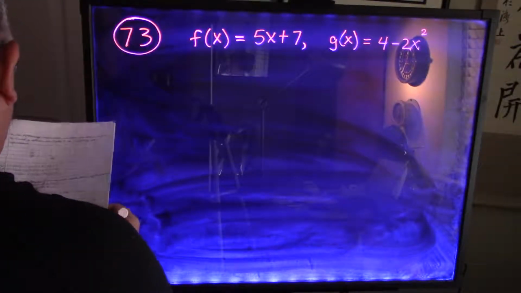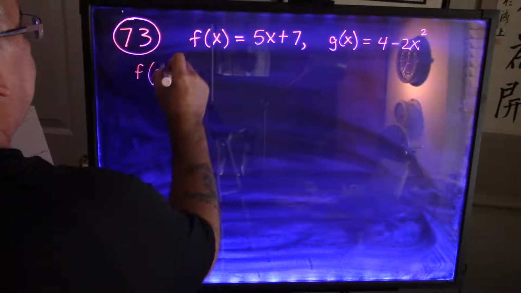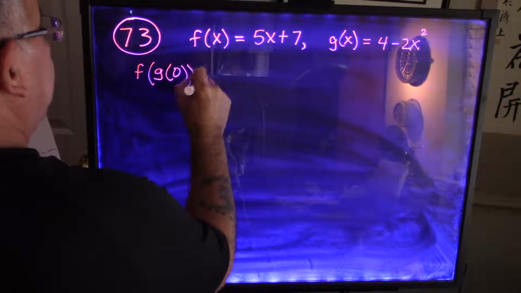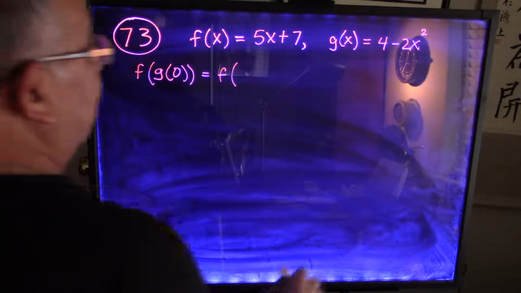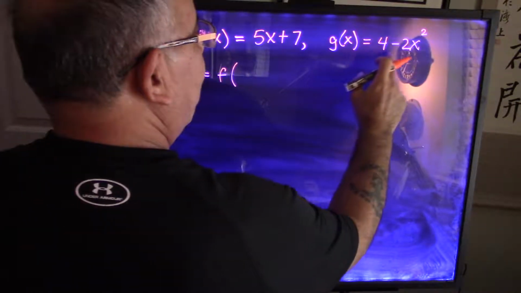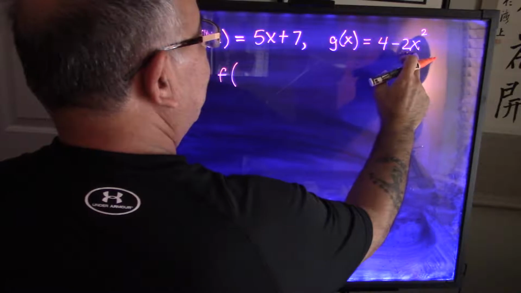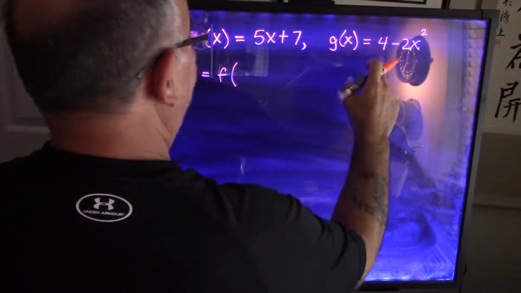So we want f of g of 0 first. Well, what is g of 0? Over here, plug in 0 right there. 4 minus 2 times 0 squared. Well, 0 squared is 0, and then minus 2 times 0 is 0, so it's just 4, right?